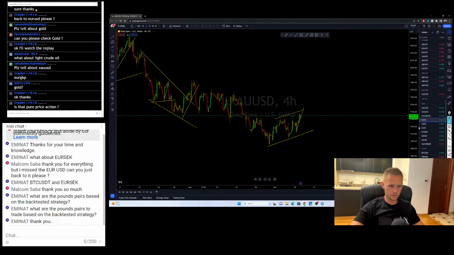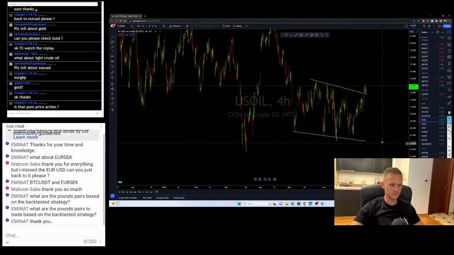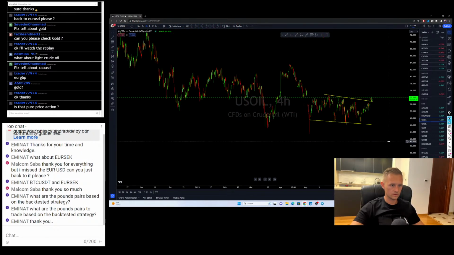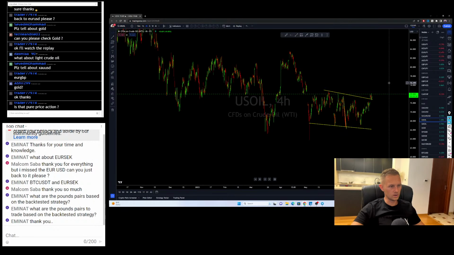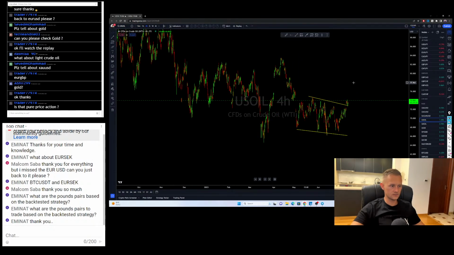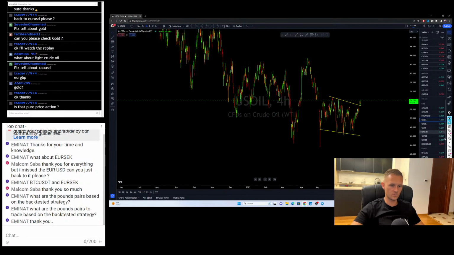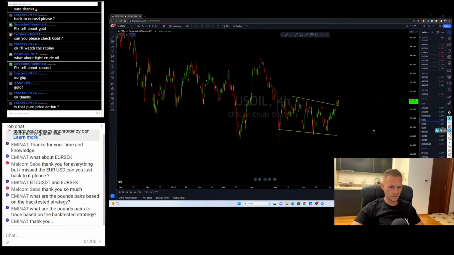So US oil, this is something that we will discuss. This can go a little bit higher and then there's still a possibility for one more low. Why? Because if you watch in detail, this is the impulse which just goes from there to there, and now we have a correction in the middle. That's interesting. Nobody probably saw that. And then it goes for another leg higher, which has to break these tops over there.